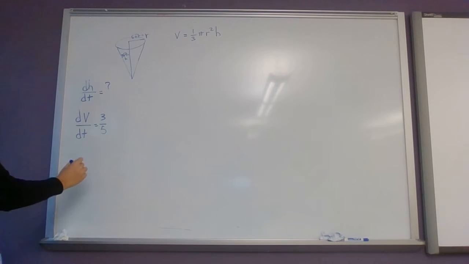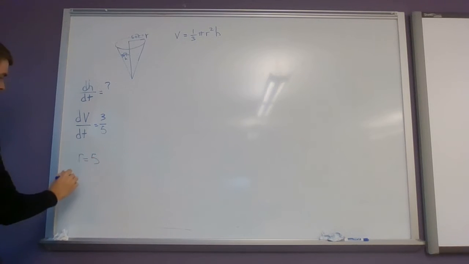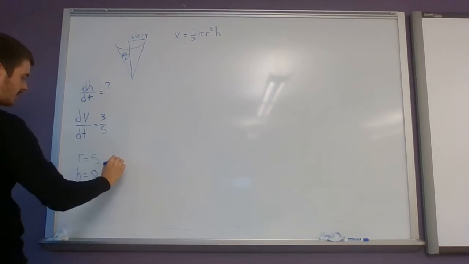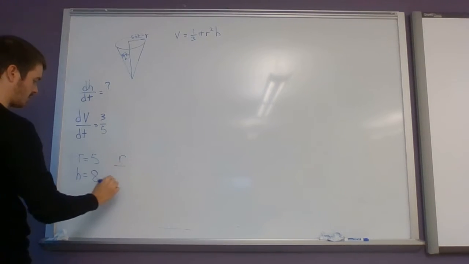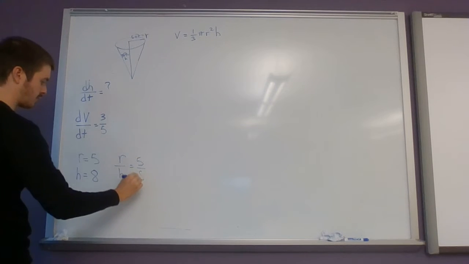So if radius equals 5 and height equals 8, then the ratio of radius to height is 5 to 8.